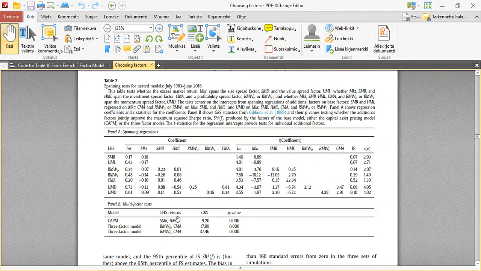In other words, the CAPM cannot explain these two additional risk factors of the three-factor model simultaneously, which means that adding these two risk factors, the size and the value factor, to the CAPM results in an expansion of the mean variance frontier.